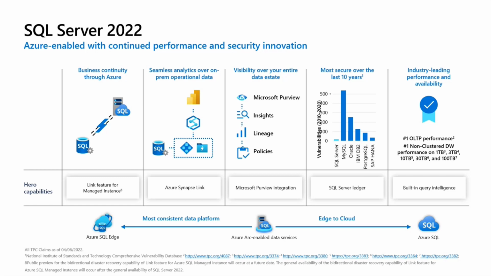For the first time, we will be able to have managed instance as part of our distributed availability group and eventually use it for disaster recovery. So that will help us to enhance our high availability, right? And again, this is part of this hybrid data services, because we will have certain interaction between SQL Server on-premise, the product that we all know and use and love, and Azure, right, with managed instance.